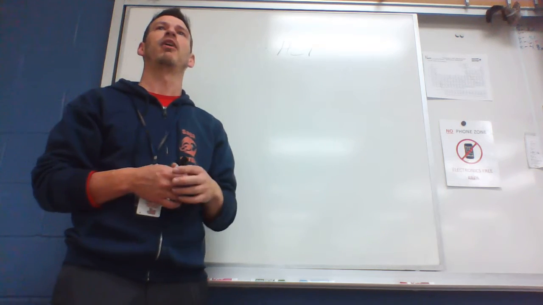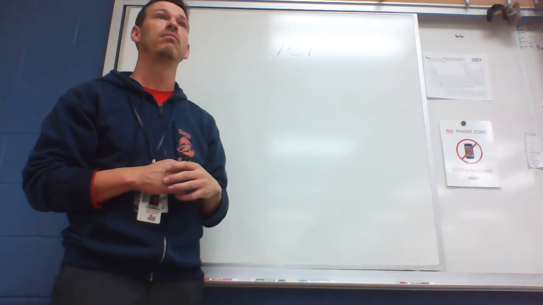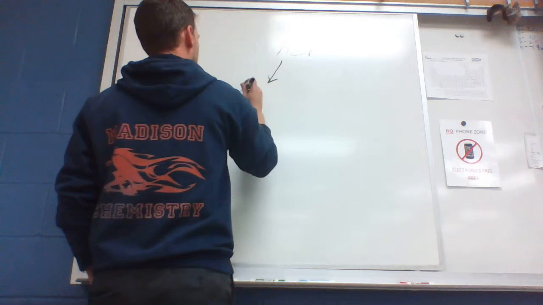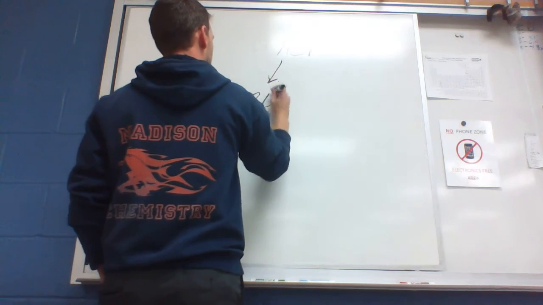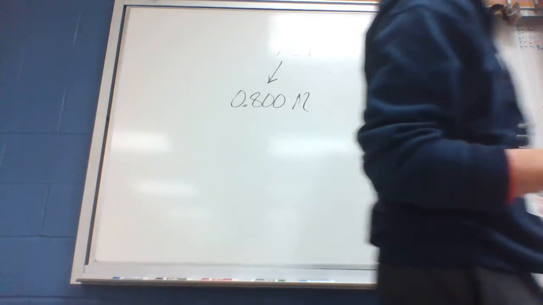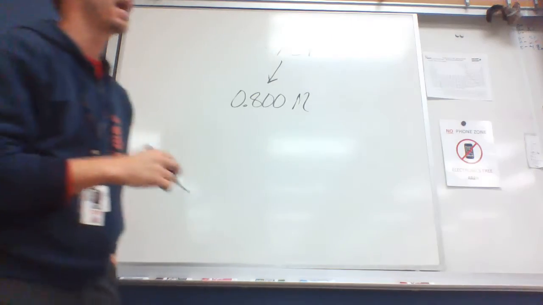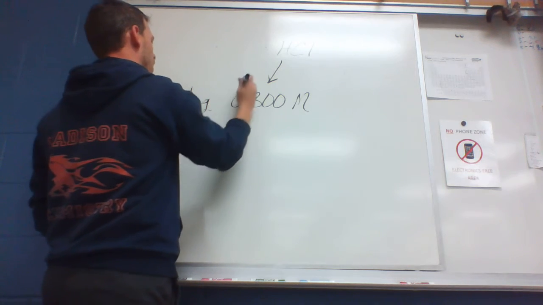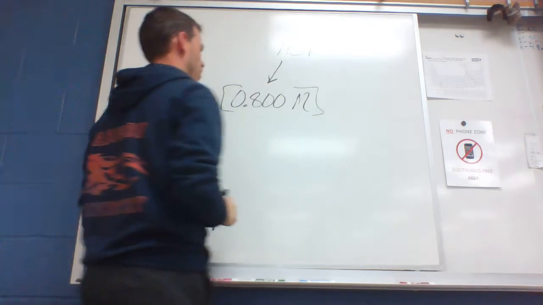Negative log of the molarity. Do we have a molarity of the HCl? Yes, we do. It says that the HCl has a molarity of 0.8. If I'm looking to find the pH of a strong sample, it's just the negative log of that concentration.